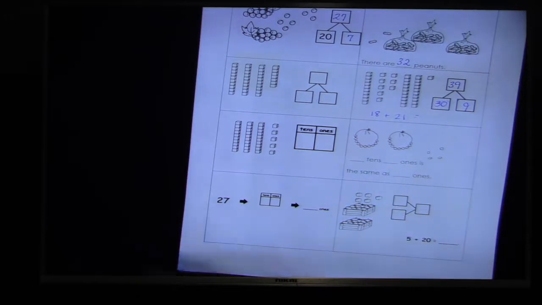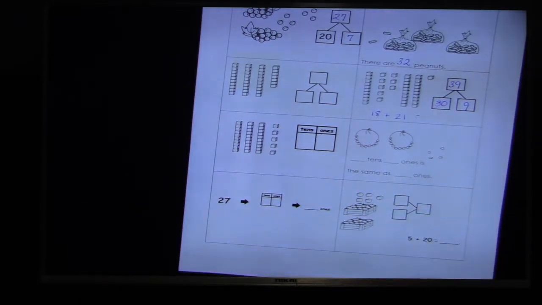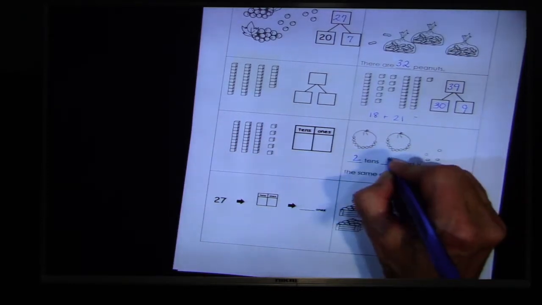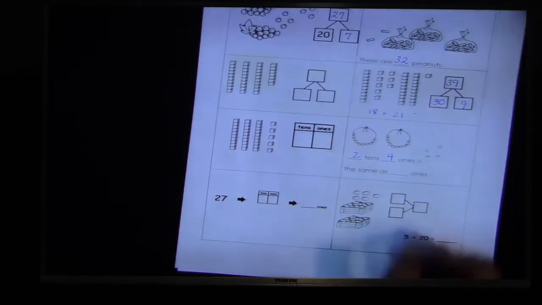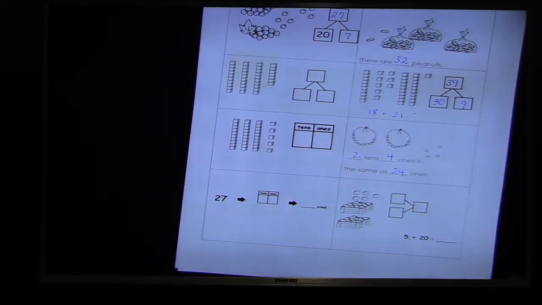And I'd like to get down to these bracelets or necklaces. Let's have necklaces. Because this is where we're starting to talk about that flexibility of seeing them as 10s and 1s or just 1s. I have 2 10s and 4 1s. If my necklaces were to break, that is the same as 24 ones.